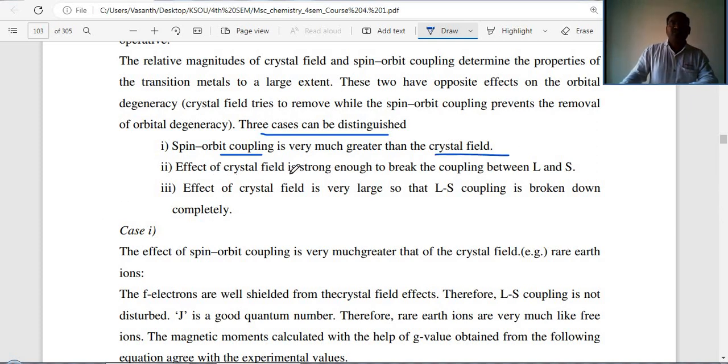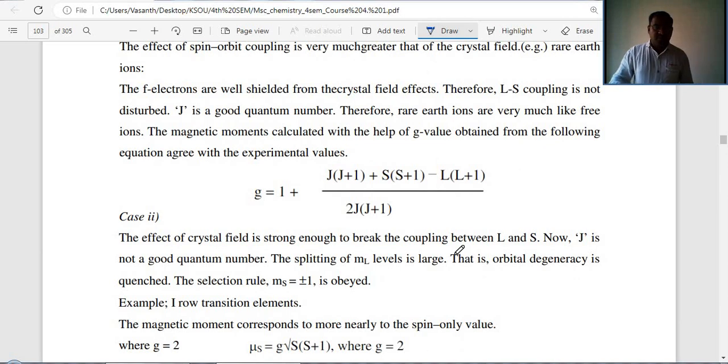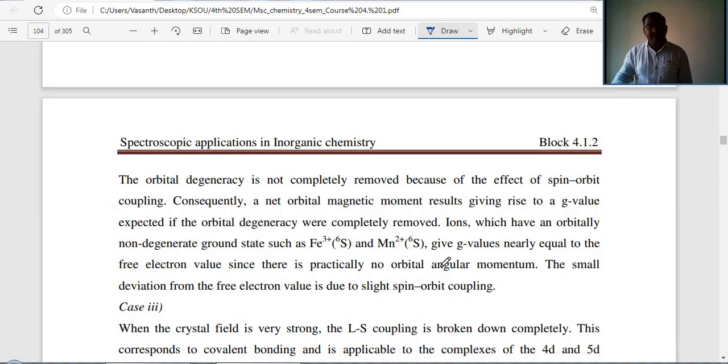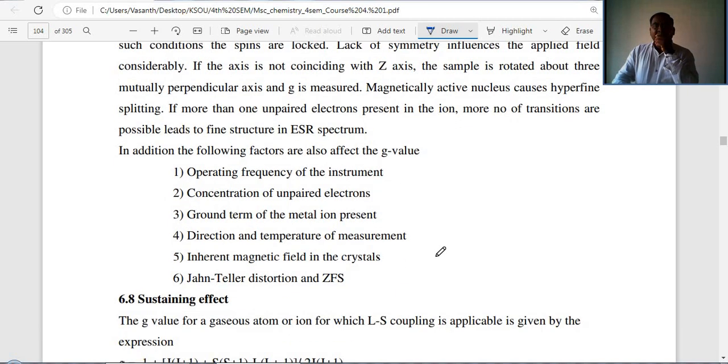The effect of the crystal field is strong enough to break the coupling between L and S. The effect of the crystal field is very large, so that the LS coupling is broken down completely. These are the different cases regarding the g value.